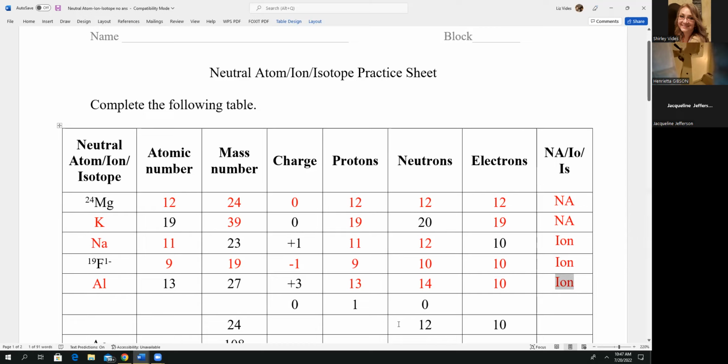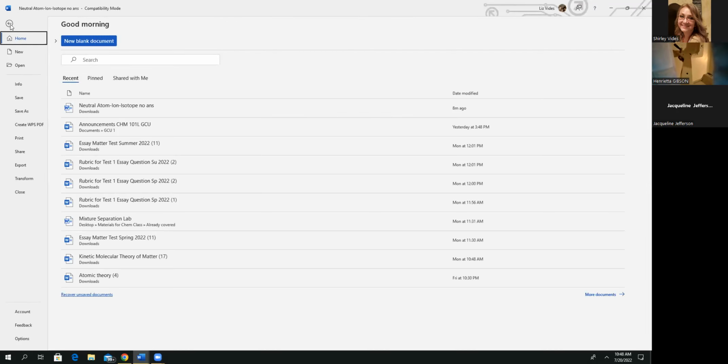All right, next one. Okay, notice we have 1 proton, which means our atomic number is 1, which means this is hydrogen. The mass number, well, we know the atomic number plus neutrons is 1, right? Because 1 plus 0 is 1. It's also charge of 0, so that's a 1. Oh, you know what? Let me undo stuff because I need to.